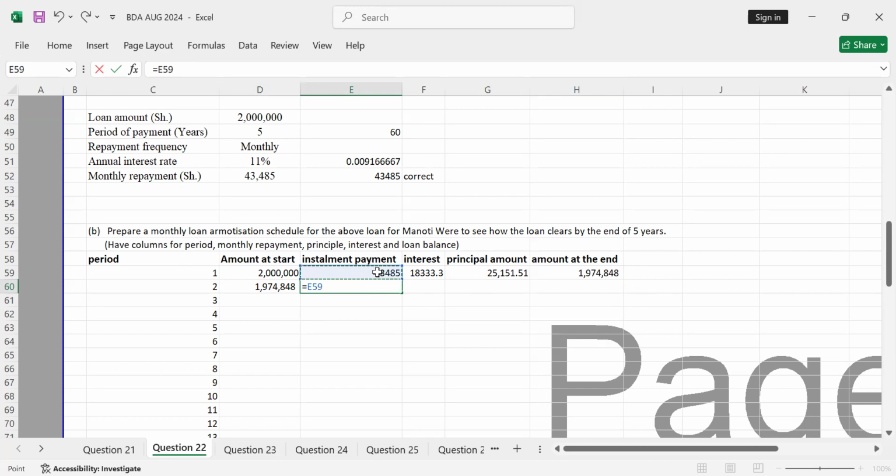You lock with Fn, then F4, lock the whole amount, then press enter. Then interest will be is equals the interest rate here. I've said you lock the interest rate with Fn F4, or you can place F4. Then you multiply by the amount as at the start.